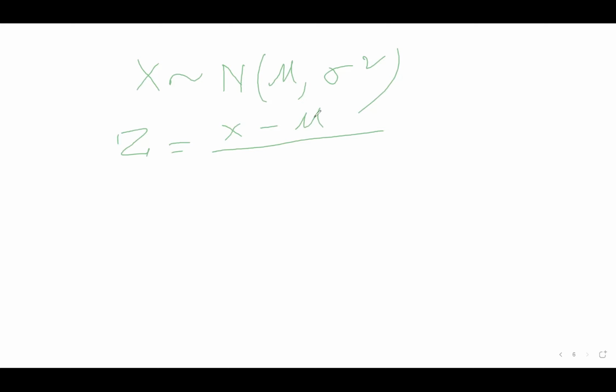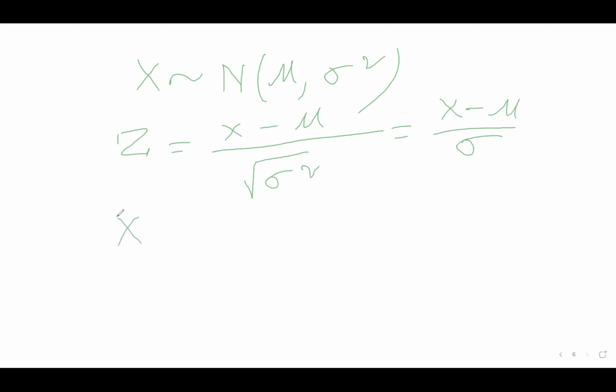So what is the standard deviation? It is the square root of sigma square. So that's x minus mu divided by sigma. So if x is normal distribution with mean mu and variance sigma square, then the formula for the standard normal distribution is x minus the mean divided by the standard deviation. Standard deviation is the square root of sigma square.